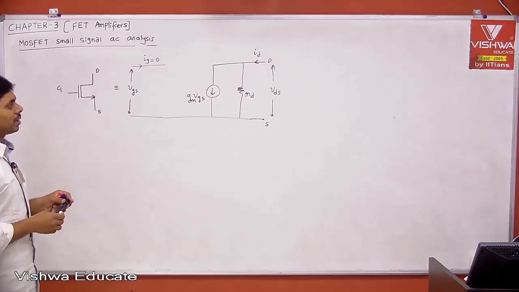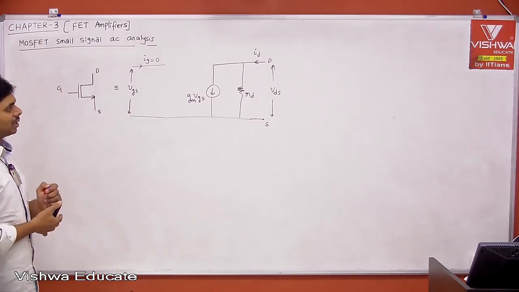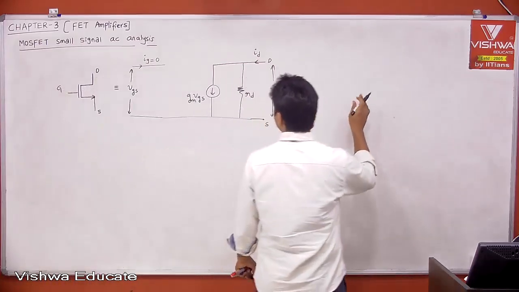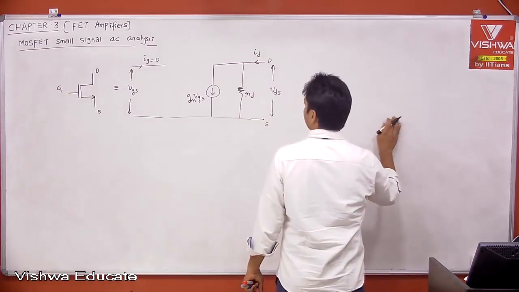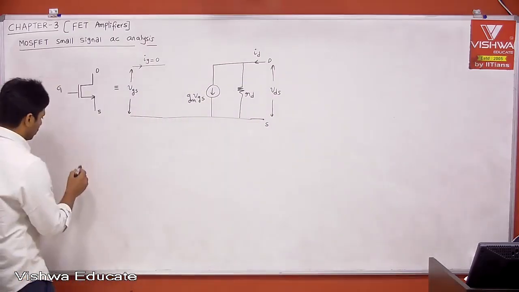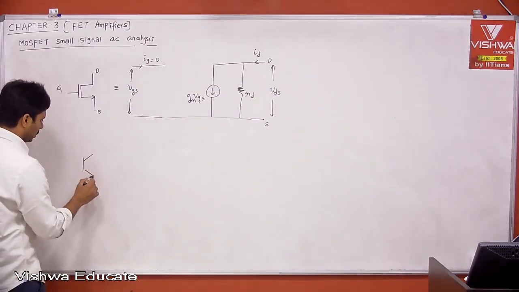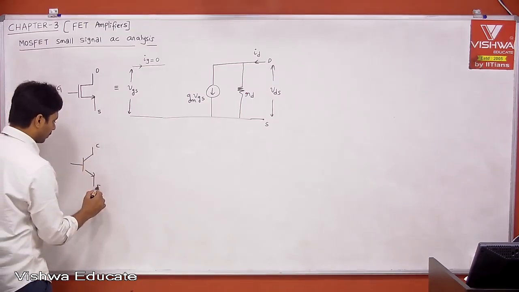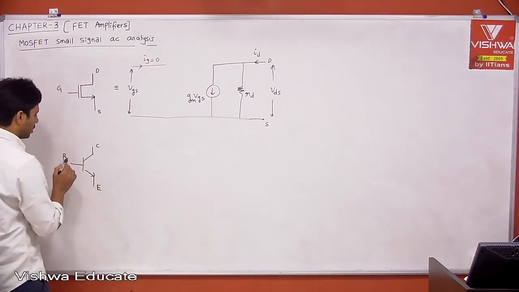Now, if you want to compare with BJT, I can compare with BJT also. In the case of BJT, this is collector, emitter, base.